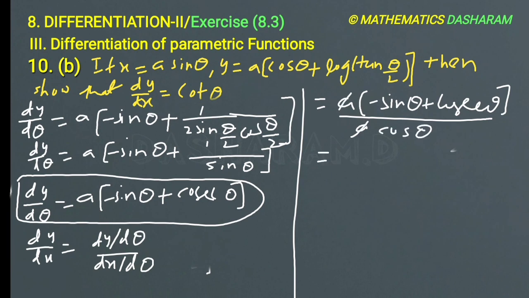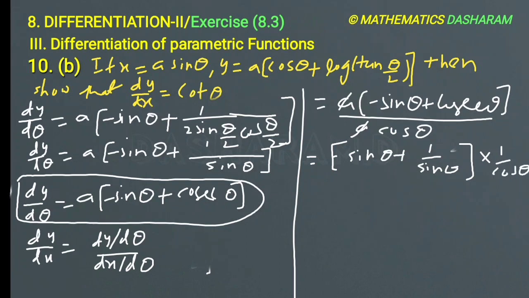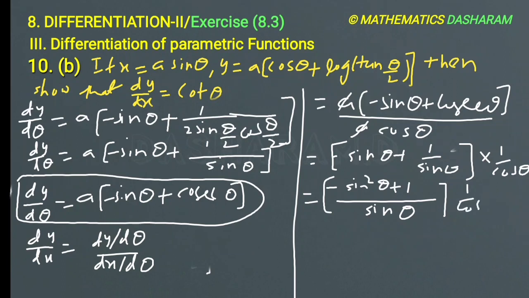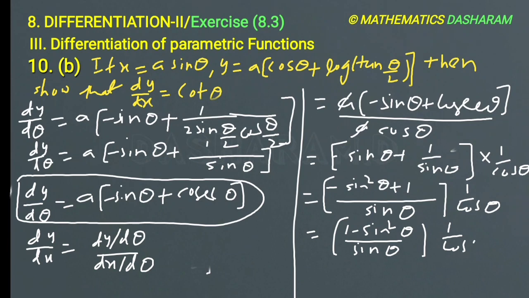A cancels, so it equals minus sin theta plus cosec theta, which we can write as 1 by sin theta, into 1 by cos theta. Now the LCM is sin theta, so minus sin square theta plus 1, divided by sin theta, into 1 by cos theta.